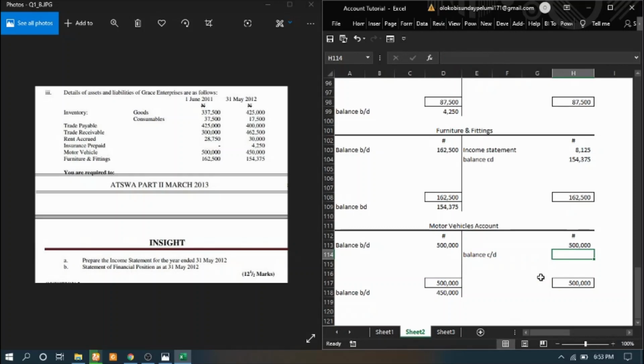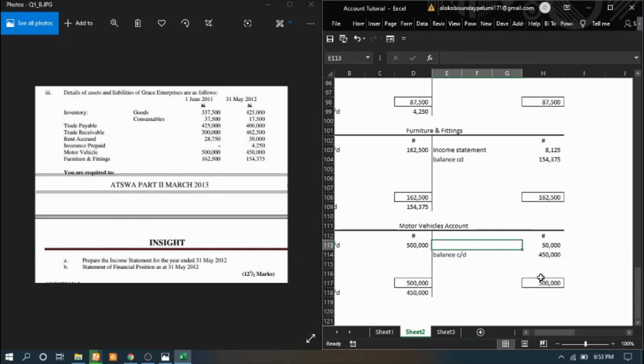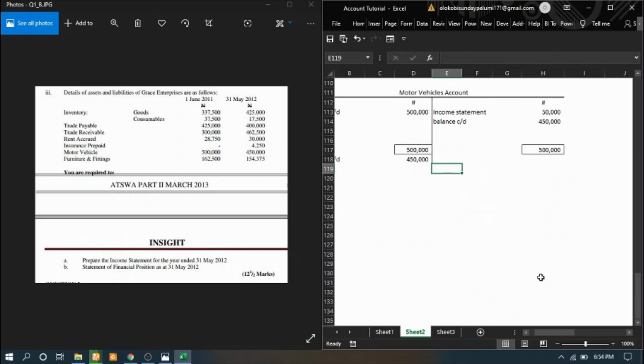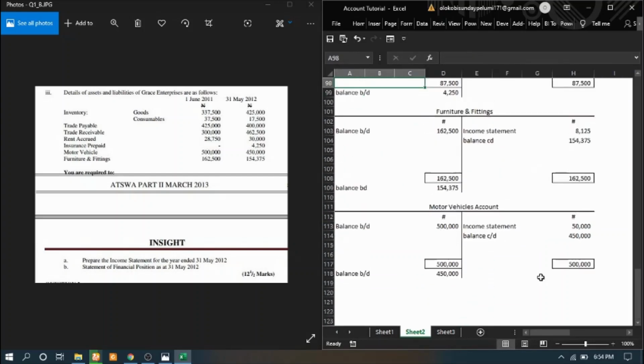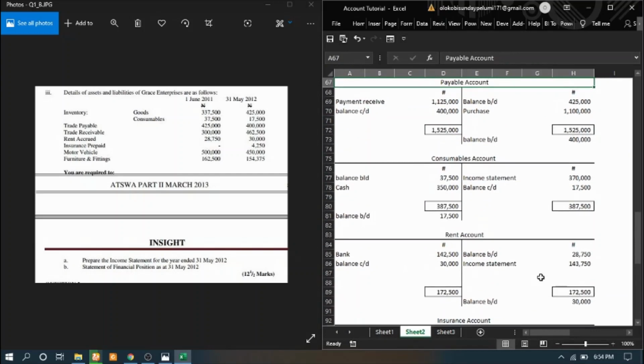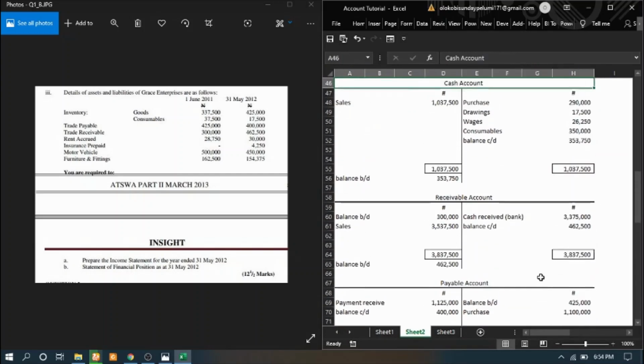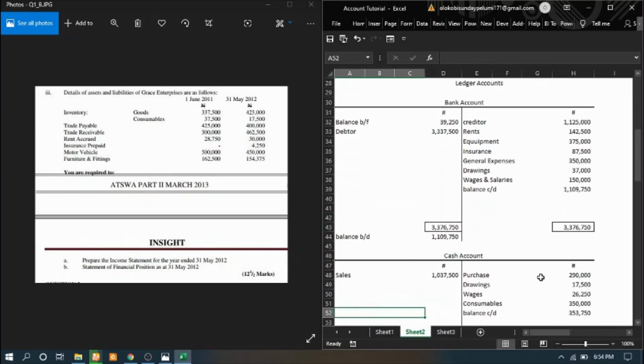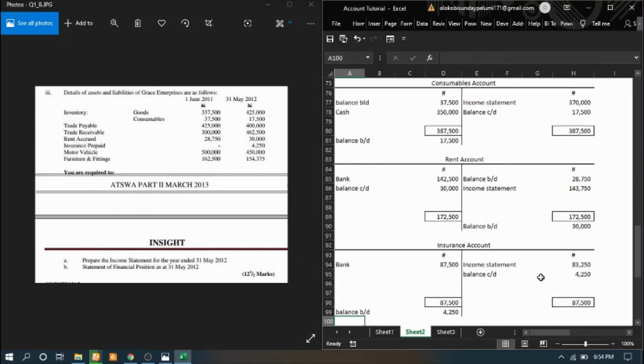So that will be 450,000, representing the amount that will go to the income statement now. So that is the power of Excel. Alright, so we are done with this actual workings now. I think you can go through it. We have been able to analyze that easily. So preparing our income statement will be so easy.